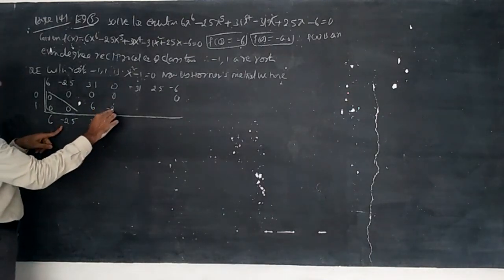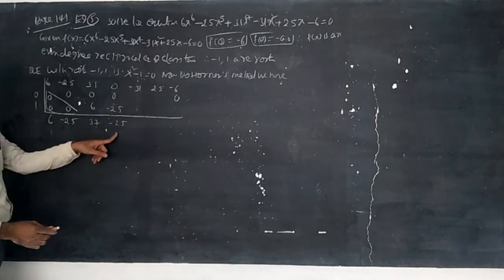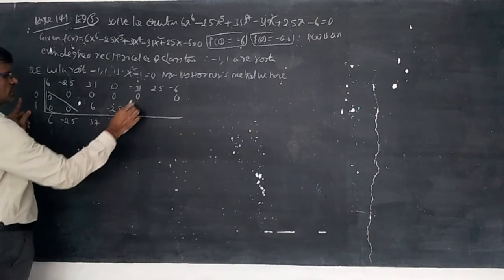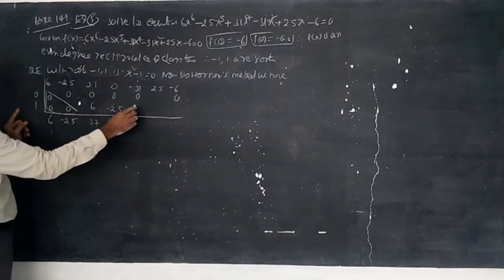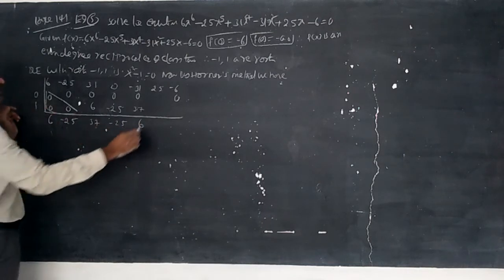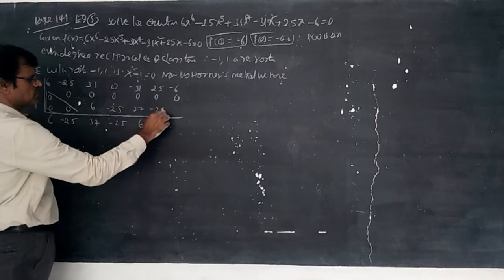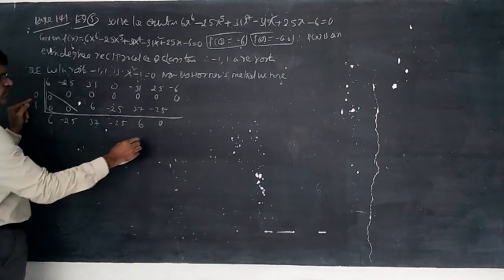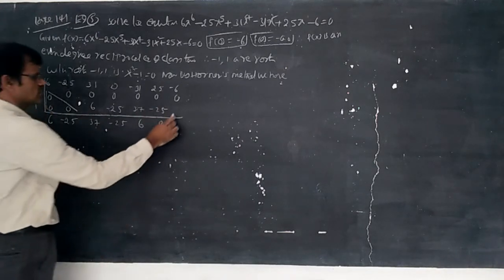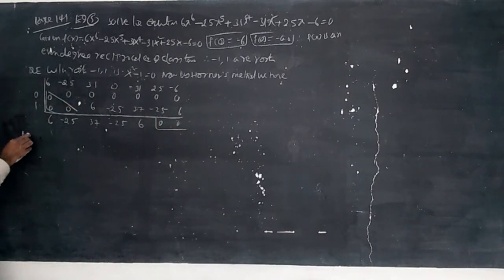And minus 25 into 1 is minus 25. Minus 25 into 0 is 0. 37 into 1 is 37. 37 minus 31 becomes 6. 6 into 0 is 0. Minus 25 into 1 is minus 25. 0 into 0 is 0. 6 into 1 is 6. The remainder is 0.